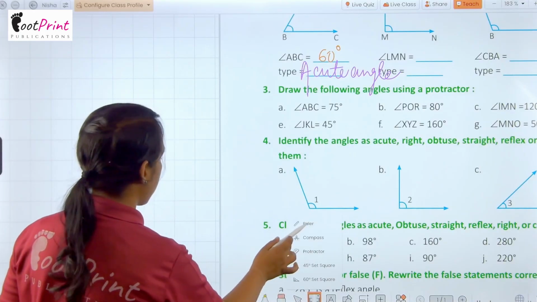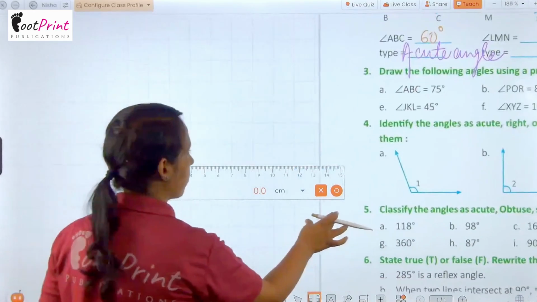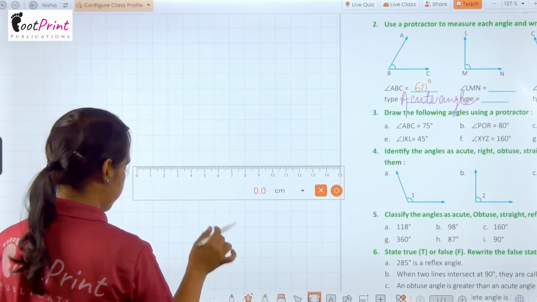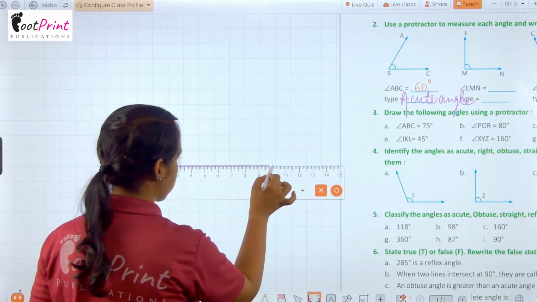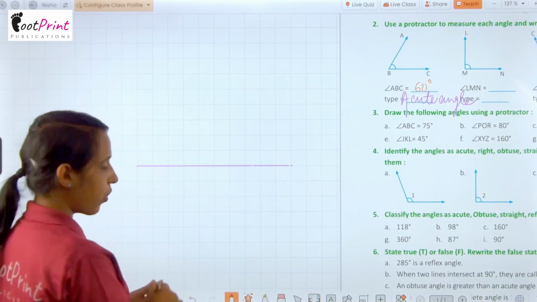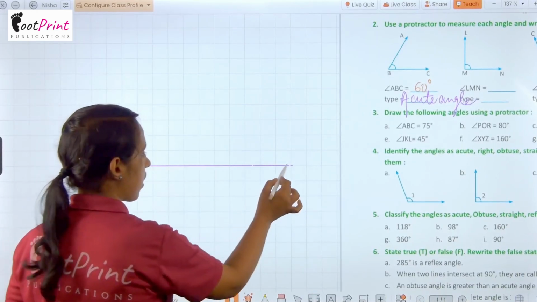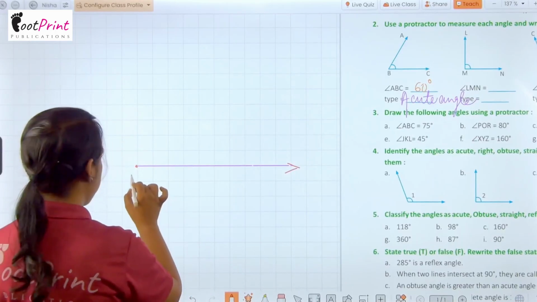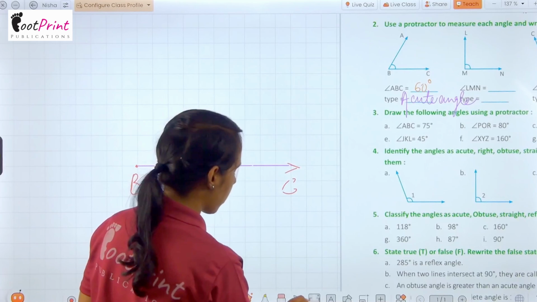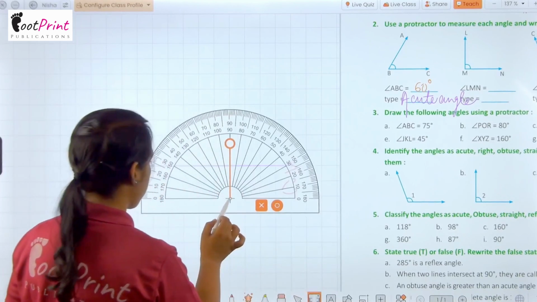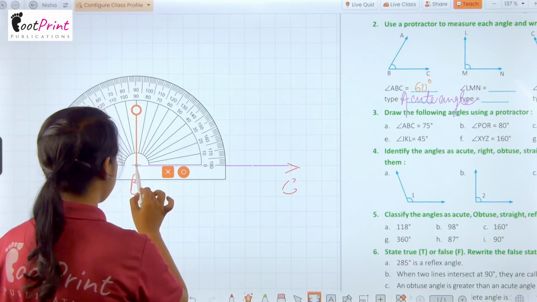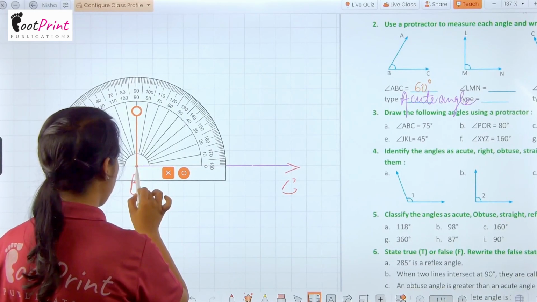So first we take the scale and draw a line here. Okay, so here I draw a ray that is BC. Okay, and after that I take protractor and put it on vertex and baseline is on arm.